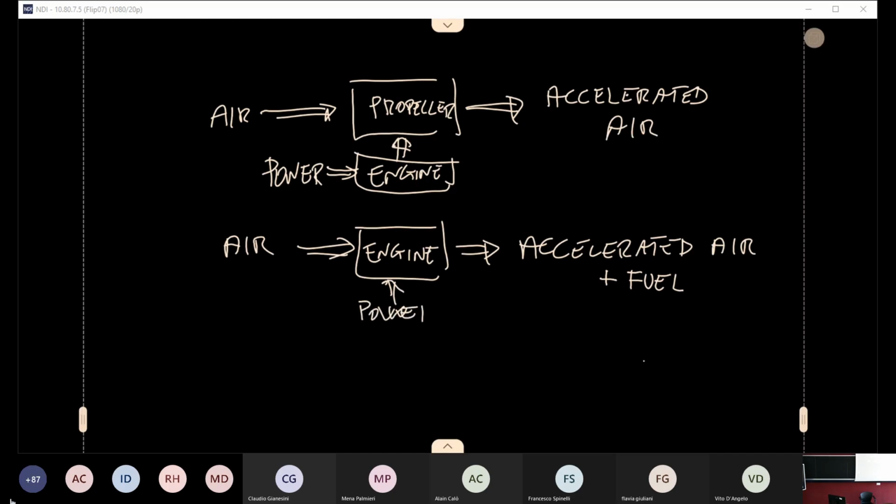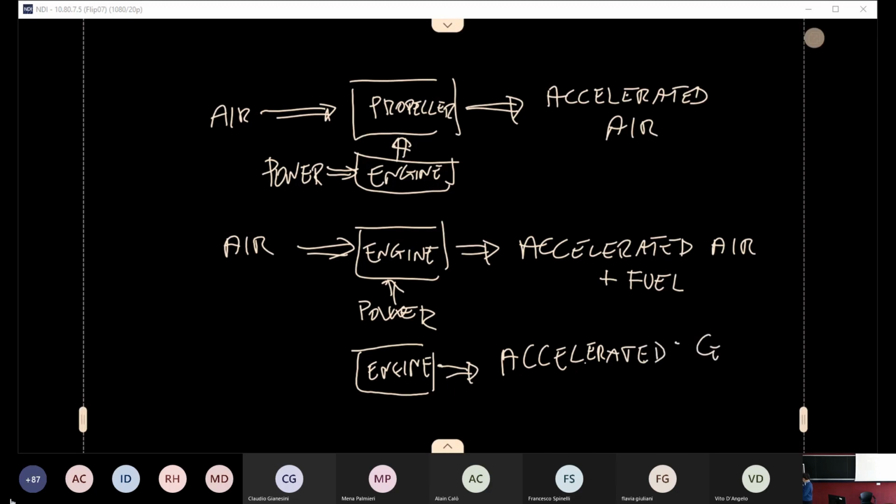Don't forget you always need power. This is the principle of propeller engines. These are air-breathing engines, jet engines. And then we have rocket engines, where we have the engine here, and you have accelerated gas, the exhaust gas.